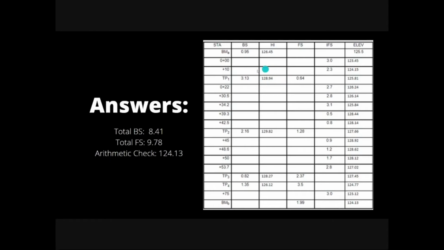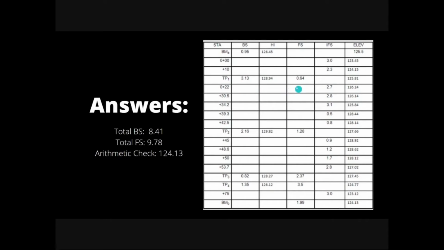So we have a new height of instrument because we have a new bauxite reading, so we have to use the new value or reading that we acquired in order to get the elevation value for these stations.